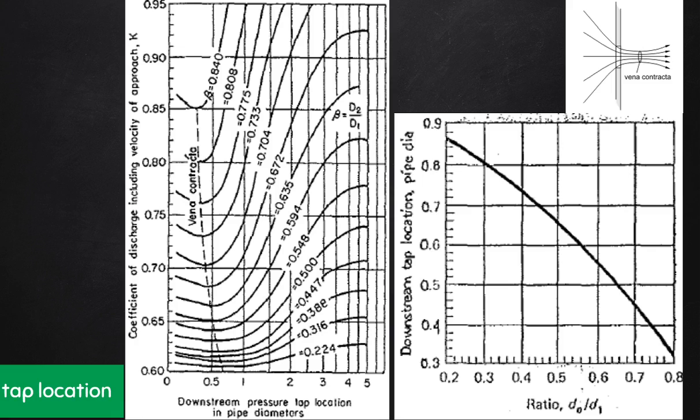Specifically, what is shown here is the vena contracta, where you have the lowest pressure that will be induced, and obviously this is a good place to be measuring so that you can have a very sensitive measurement.